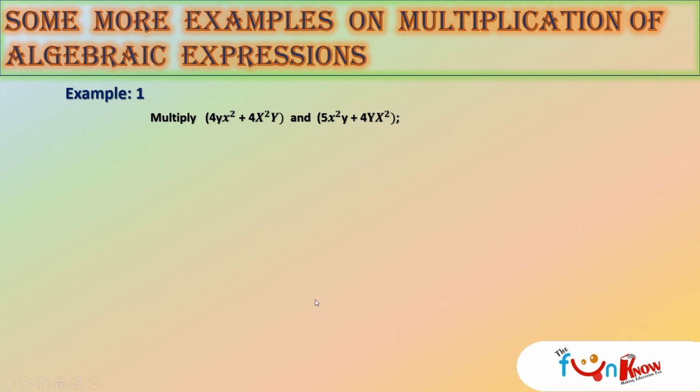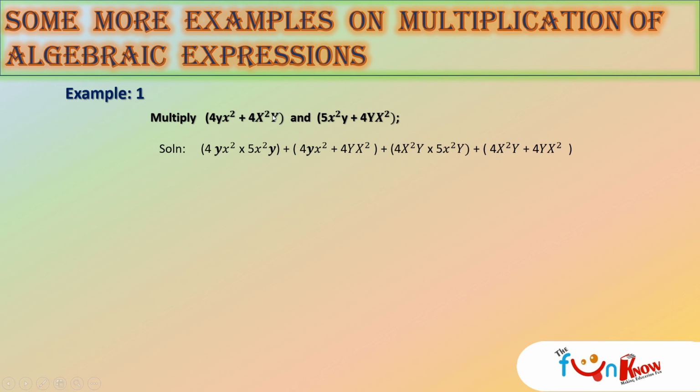This is capital. Okay, now we will have to multiply. You know how to multiply. What you will be doing, you will take this first term 4yx square and multiply it with 5x square y, this first one. Then 4yx square you will multiply with this capital 4yx square.